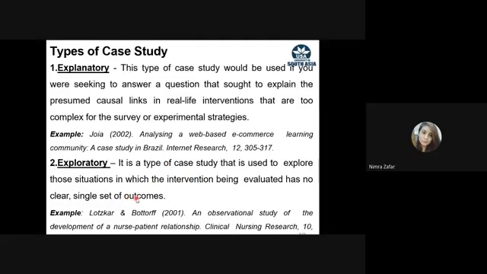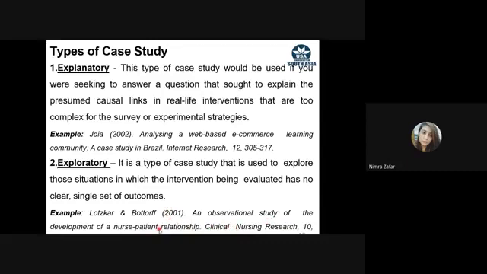When we don't have a single outcome, we are not sure that this outcome will come. We will do a case study to explore what kind of outcome we can have. So this is the kind of exploration. Then in example, we have an observational study of the development of a nurse patient relationship, clinical nursing research.